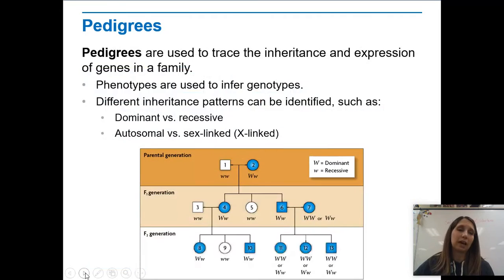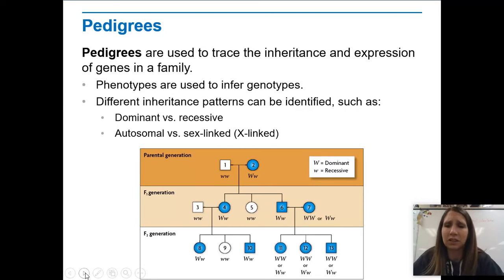So if we look at how these are used, again, we're tracing the expression of a trait. We're going to use phenotypes to infer the genotypes as much as we can. And then we can also try to use these to identify if a trait is dominant or recessive. Because oftentimes when you see these, I'm not going to give you a lot of background information about what we're looking at.